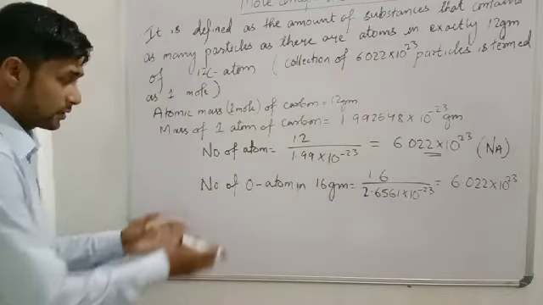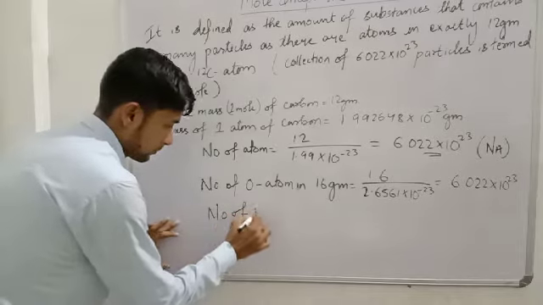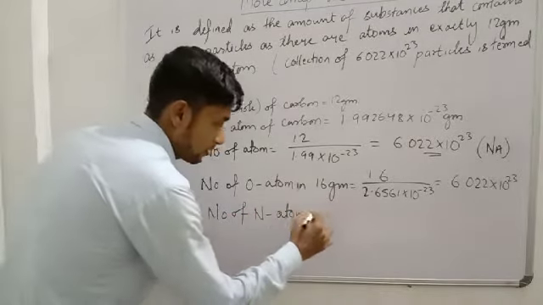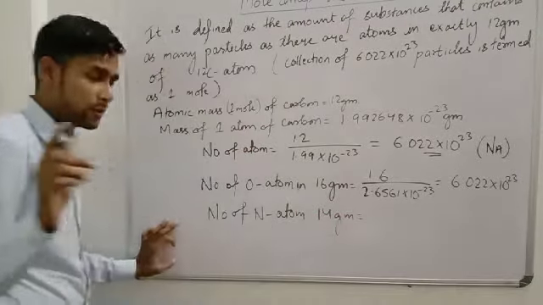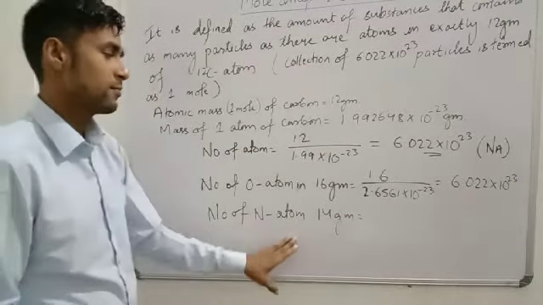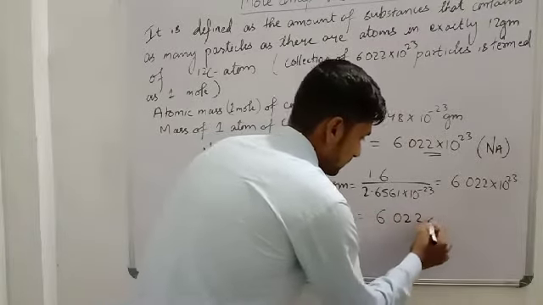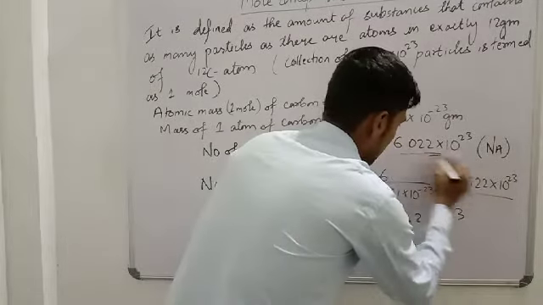Again, if you calculate number of nitrogen atom present in 14 gram, you will get same number. So this number is constant.